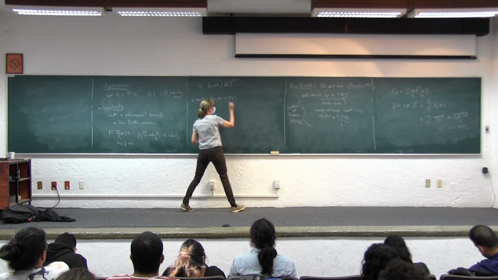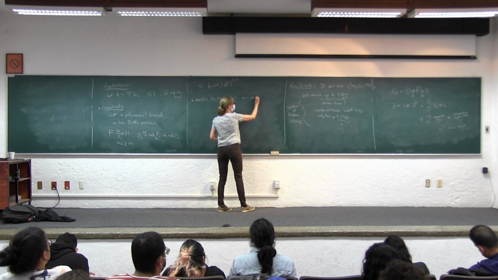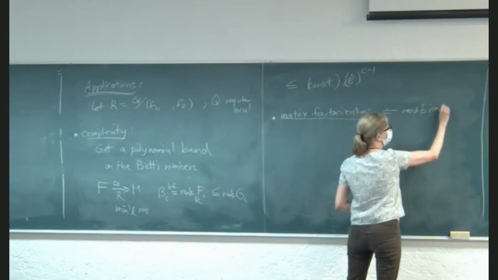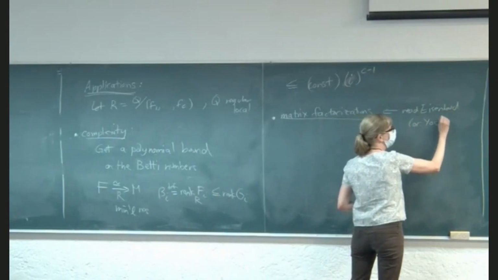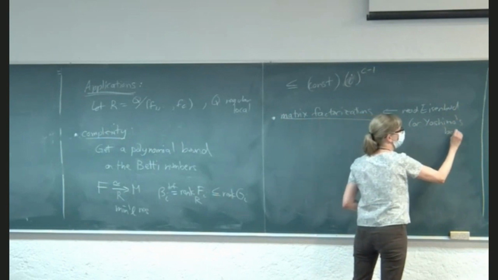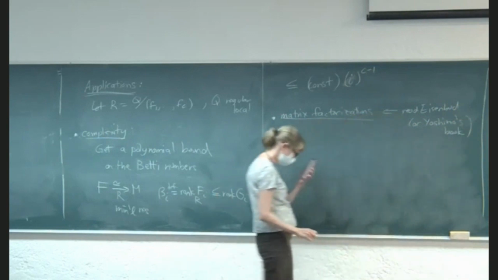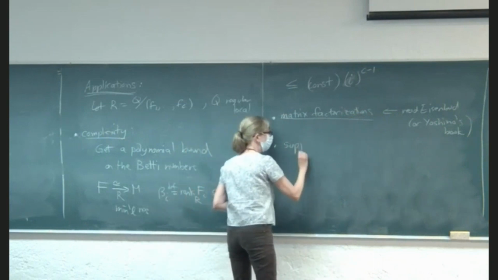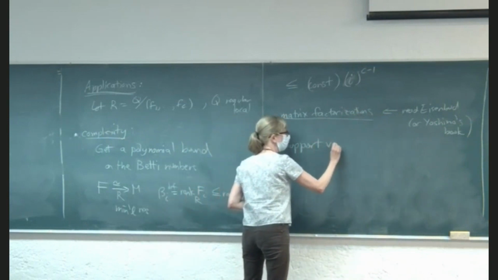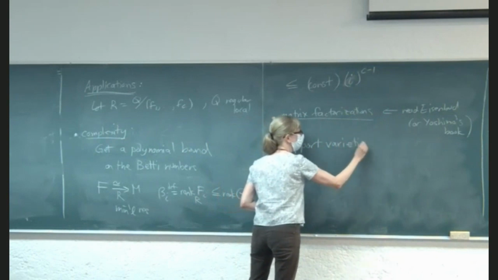For that, I would recommend reading Eisenbud, or Yoshino's book, which has a very nice chapter on those. And the last thing I'll say, you get support varieties, which were very important.